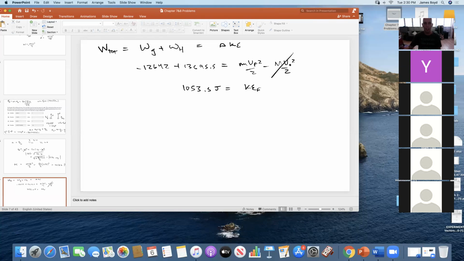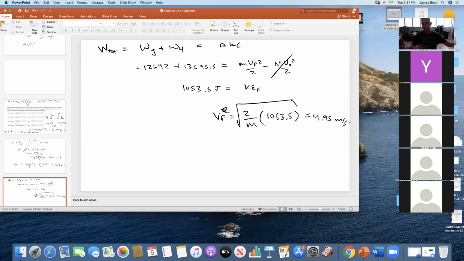If I then wanted to find her final velocity, v squared is 2 over m times 1053.5. That's 2 divided by 86 times 1053.5. Take the square root of that answer, and I get 4.95. Not surprising.